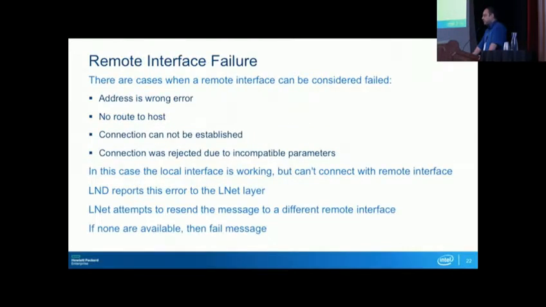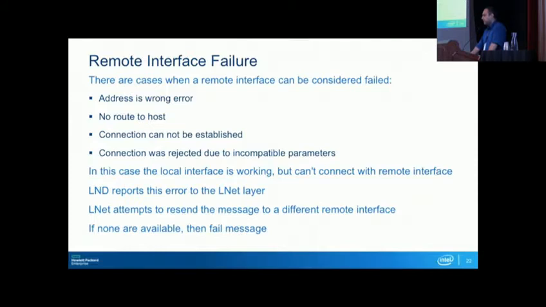For remote interface failures, there are multiple reasons the remote interface can fail. For example, we try to look up an address, or the address is wrong, or there's no route to host, or a connection cannot be established for some reason, or it was rejected due to incompatible parameters. All these are possible reasons for failure, but they are not necessarily hard failures.